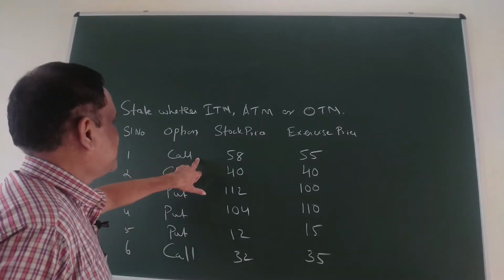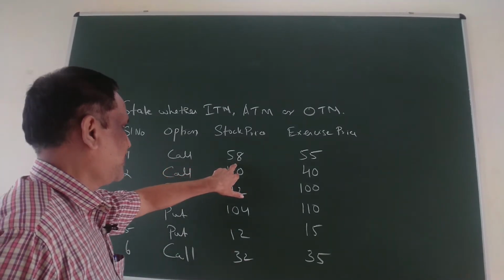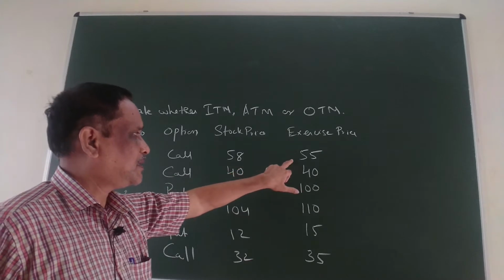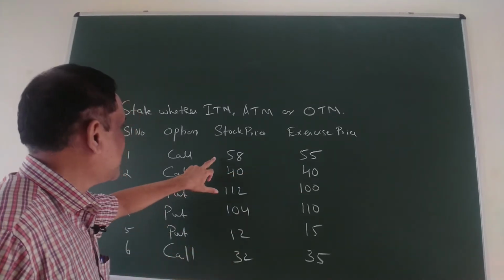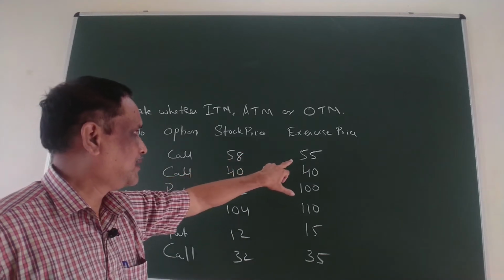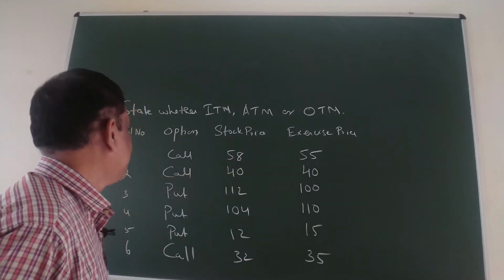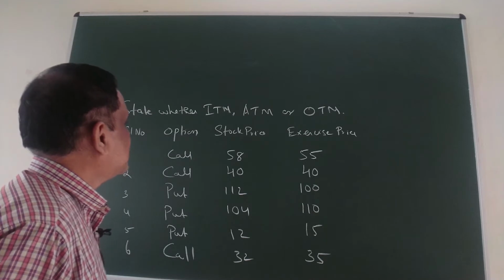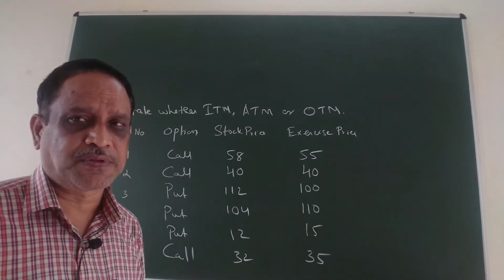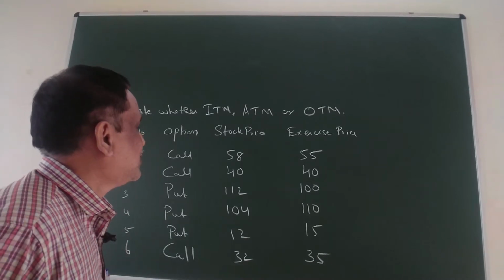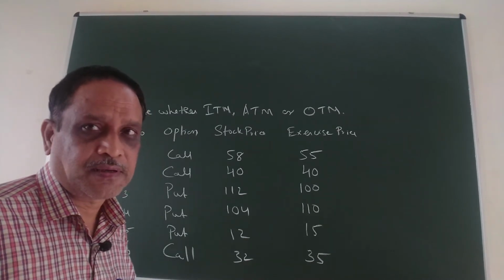See, first one is a call option. Stock price is 58, exercise price is 55. So when the stock price is above the exercise price in the case of a call option, it means the option has life.